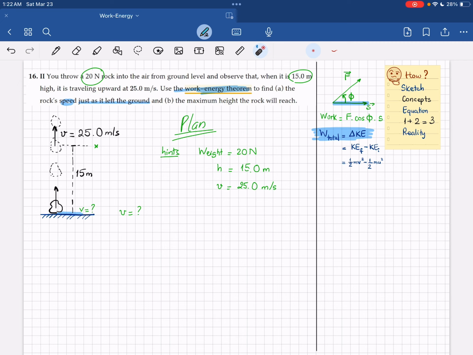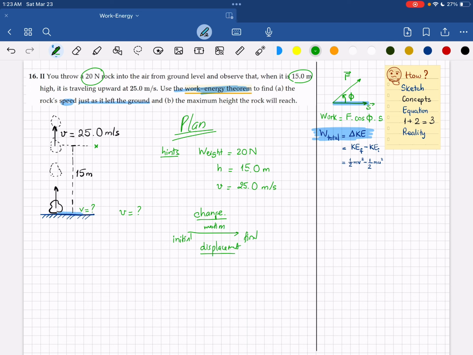I'm thinking that we need to find this one. So if we want to use this one, then we need to know the change in kinetic energy, right? Oh yeah, so you see the change. If it's about some change, it should have some initial point to a final point, and this should involve some motion and also some displacement, right?